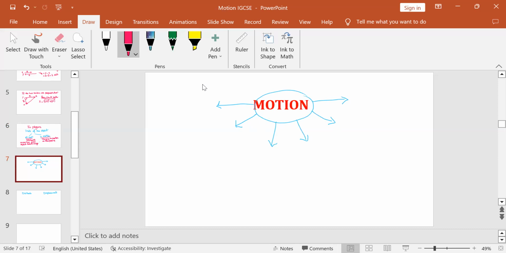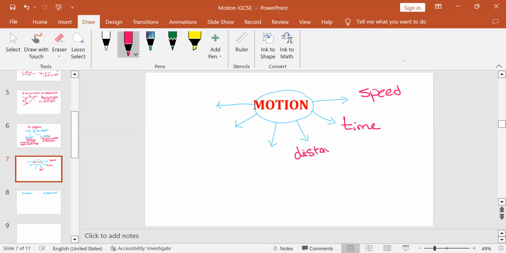Moving. What about speed? Are you going to describe the speed of the object? Speed. What else? Time.